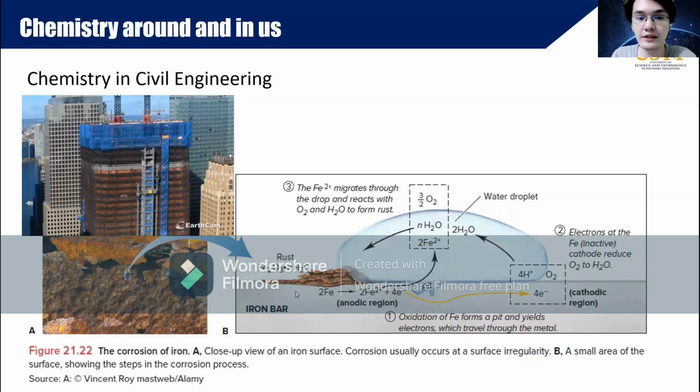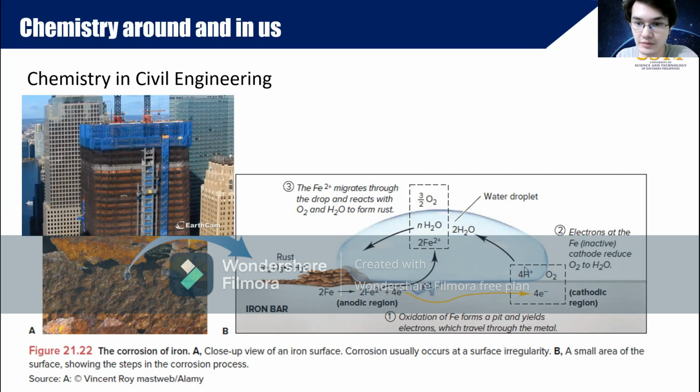For example, we have an iron bar which readily oxidizes in the presence of oxygen. In that way, it will free up 4 electrons. So these flow throughout the metal.